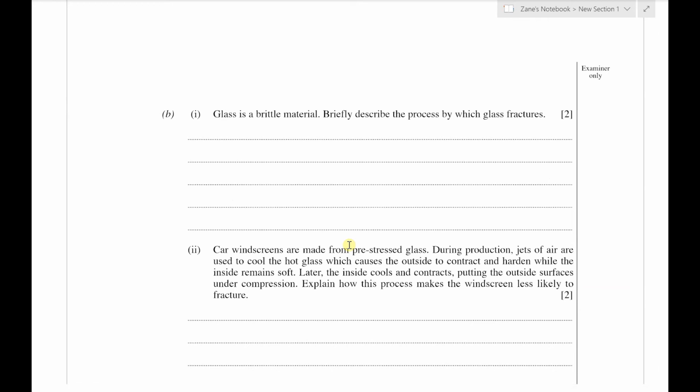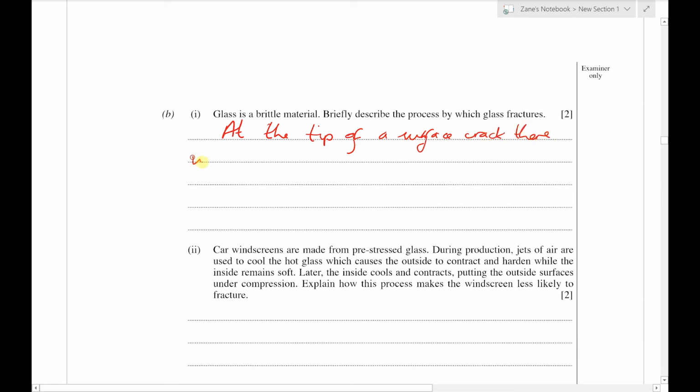For B part 1, we're told that glass is a brittle material, and we've got to briefly describe the process by which glass fractures. So brittle materials fracture because of concentration of stress at tips of cracks. So let's say something like at the tip of a crack, a surface crack here, there'll be a concentration of stress. Now what will happen then is any bonds at the tip of the crack will find themselves experiencing too much stress and will break.